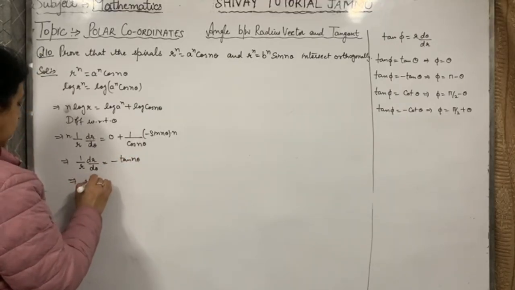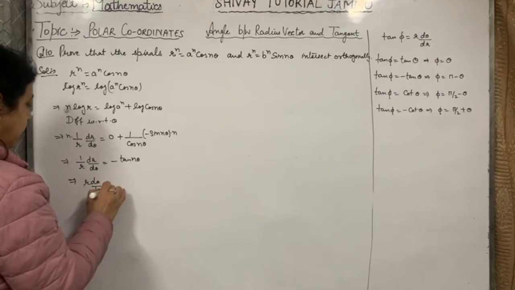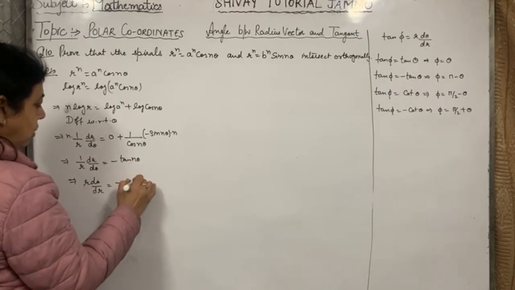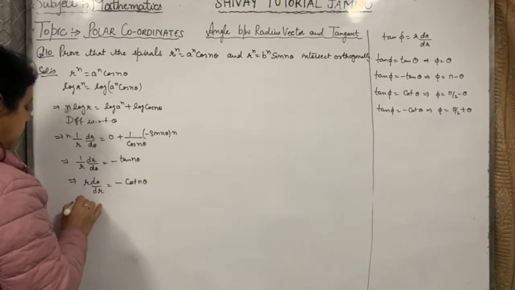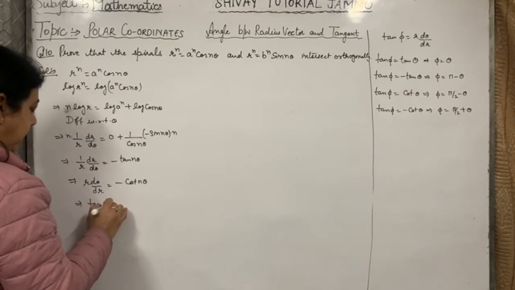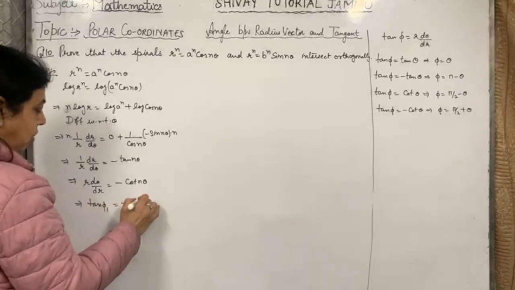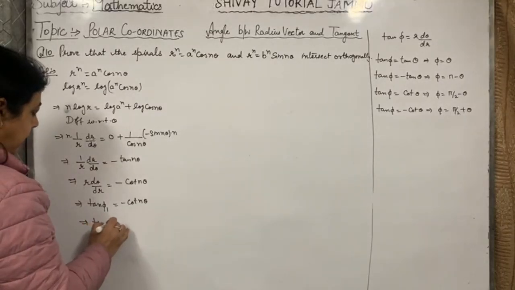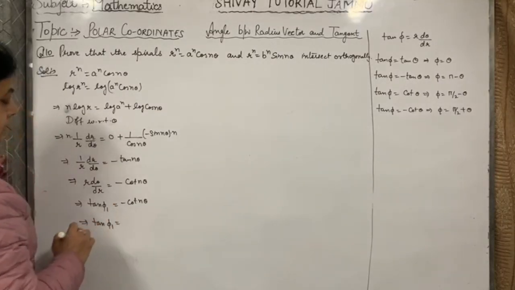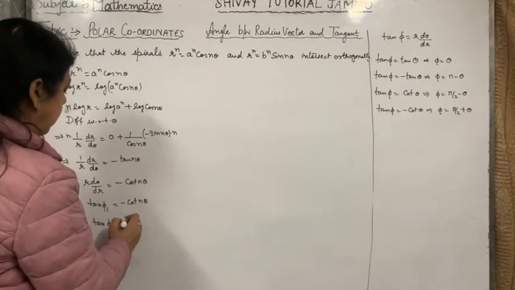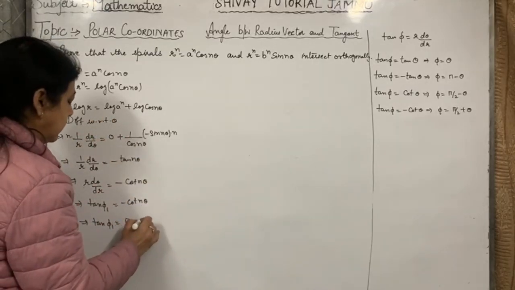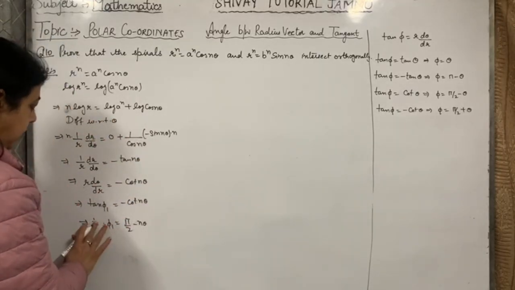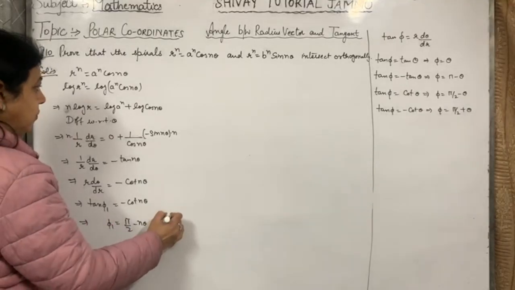When we take the reciprocal, r d theta by dr is minus cot n theta. This means tan phi 1 is minus cot n theta, which is tan of pi by 2 plus n theta. Clear? This is 1.